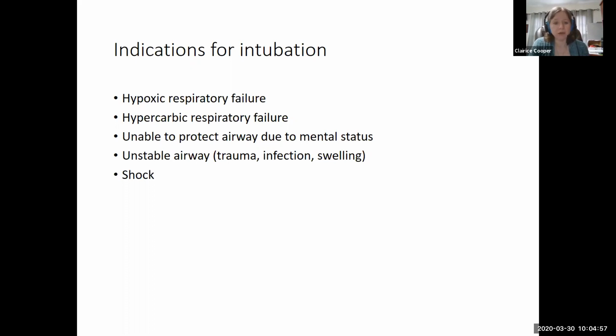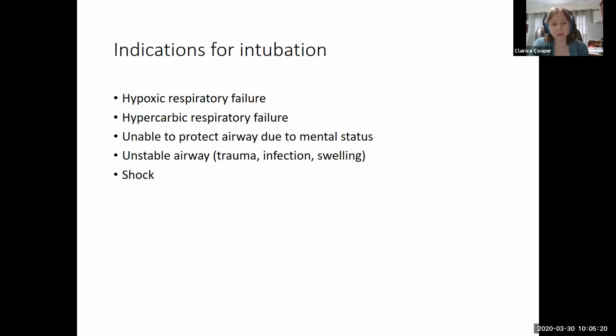Unstable airway frequently happens: facial trauma, dental abscesses, epiglottitis, angioedema, post-op spine patients, many reasons for intubation from a concern over the physical airway itself.